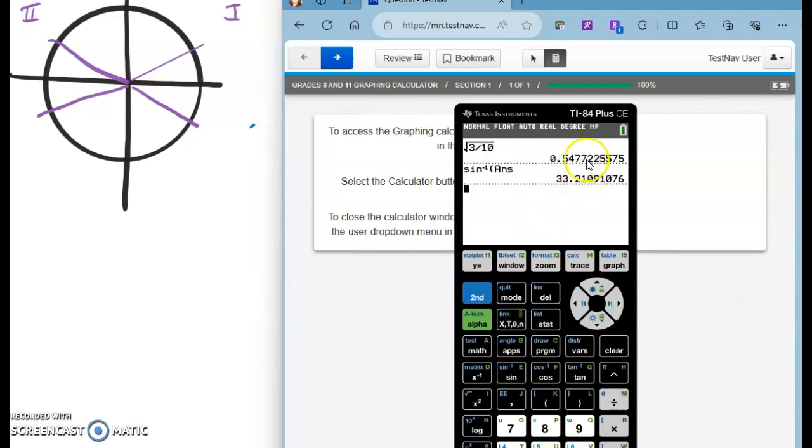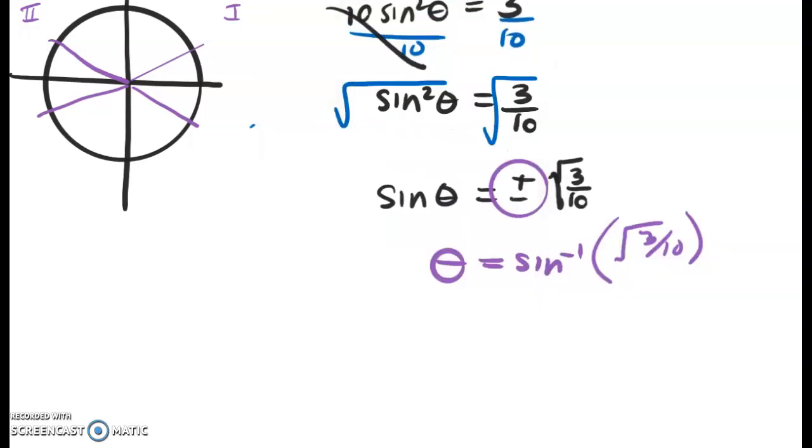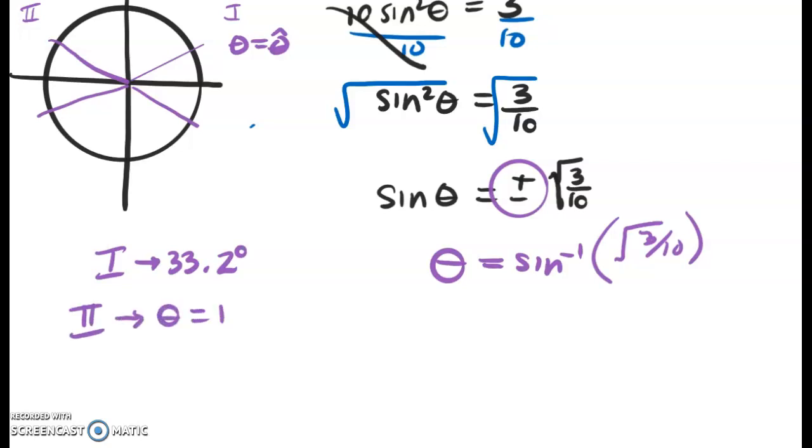Let's put the reference angle in the calculator and see what it is. It's 33.2, rounding to the tenth place. So that's in quadrant 1. The angle is equal to the reference angle, so in quadrant 1 it's 33.2 degrees. In quadrant 2, you find the angle by taking 180 minus theta prime, or theta hat. So in quadrant 2, it would be 180 minus 33.2, and putting that in my calculator, I get 146.8.